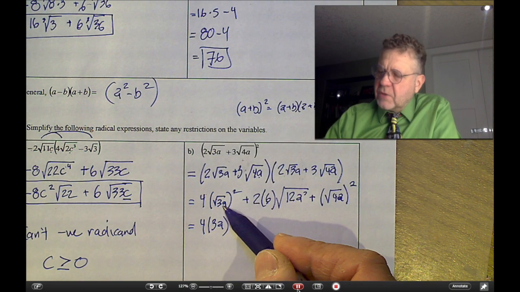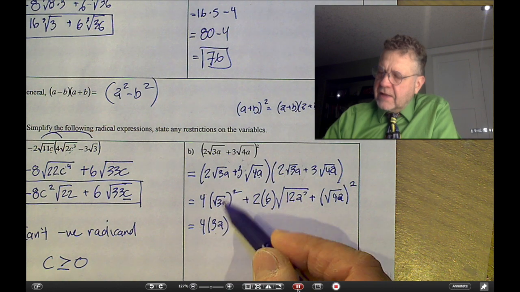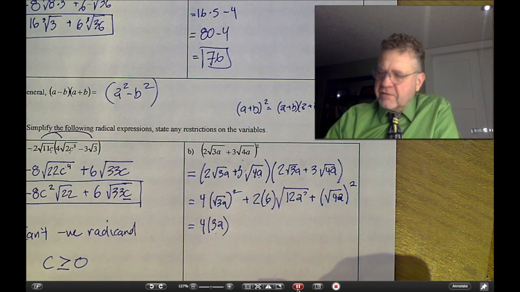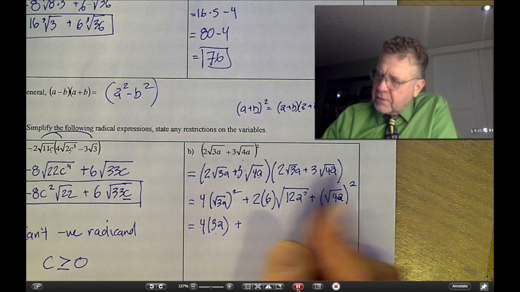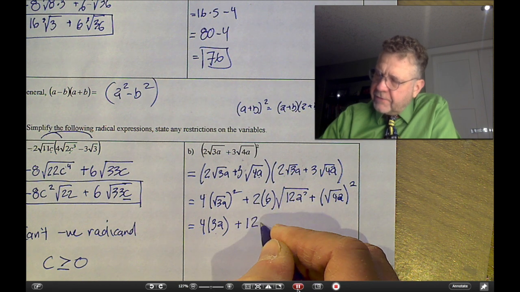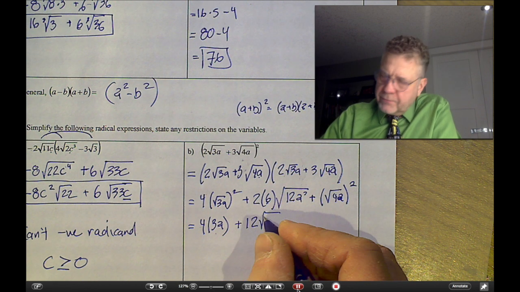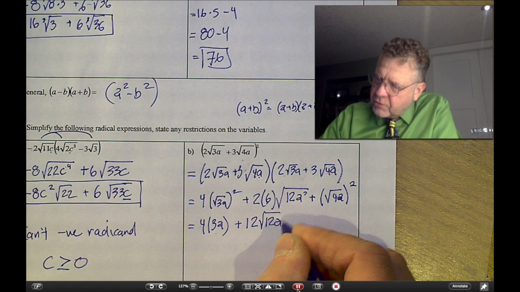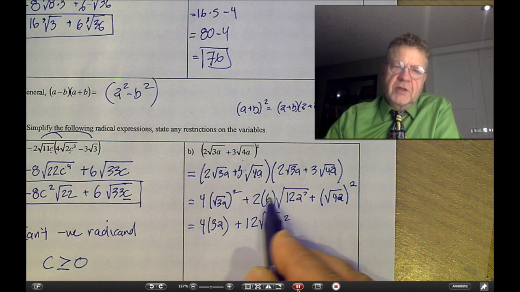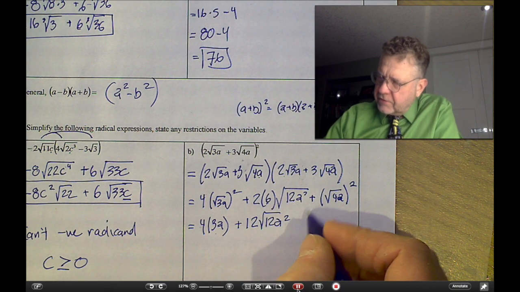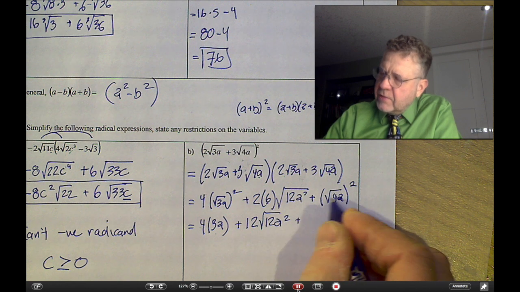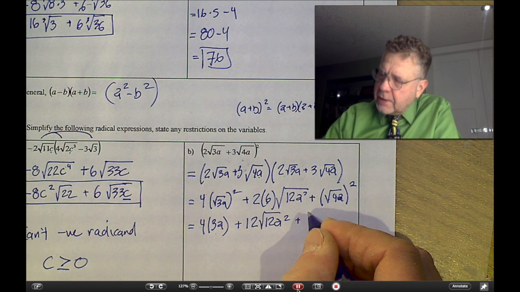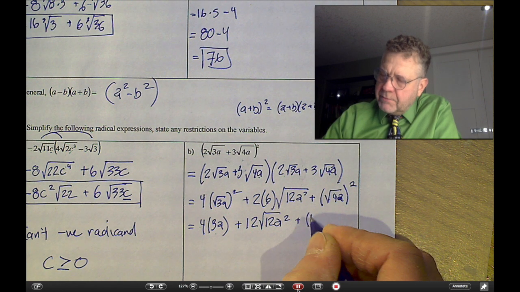Square root of anything squared is itself, so that's why we get rid of the square root sign in this part of the expression. This is going to become 12 times 12a squared. Nothing we can do with this except multiply out the result of 2 times 6. And then again, the square root of anything squared is simply going to be itself.